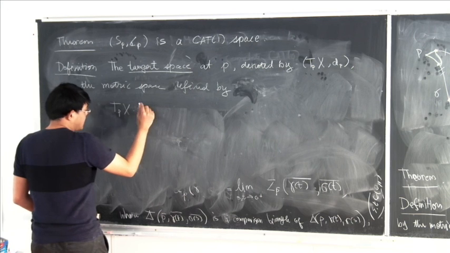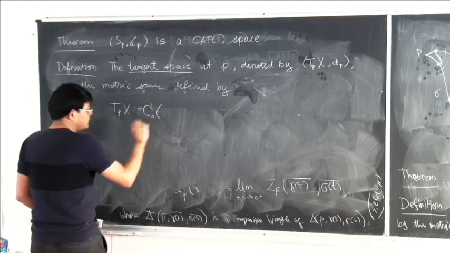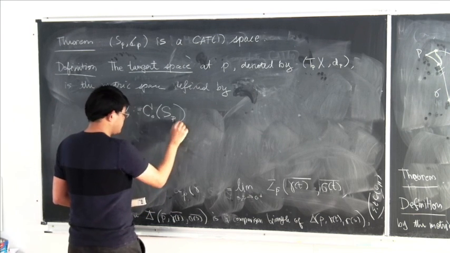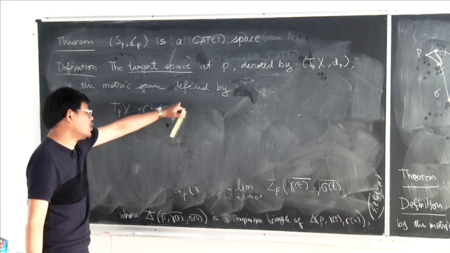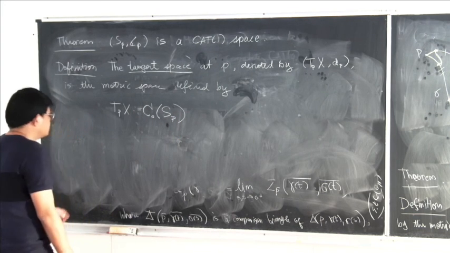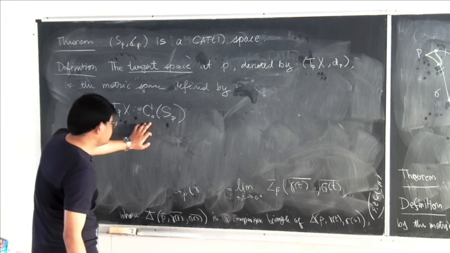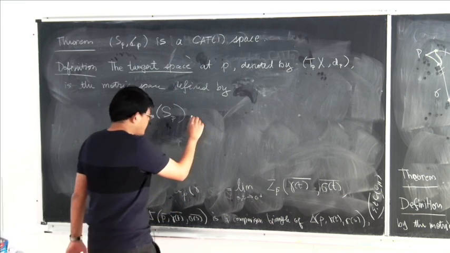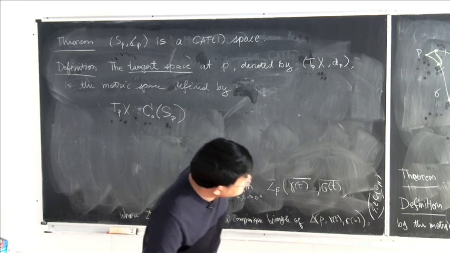So TPX is nothing but just the Euclidean cone over the space of direction. Here it is just the space of direction, no one will write X here, okay? So TPX is defined just to be the Euclidean cone over the space of direction there. So what is this? I erased it already.